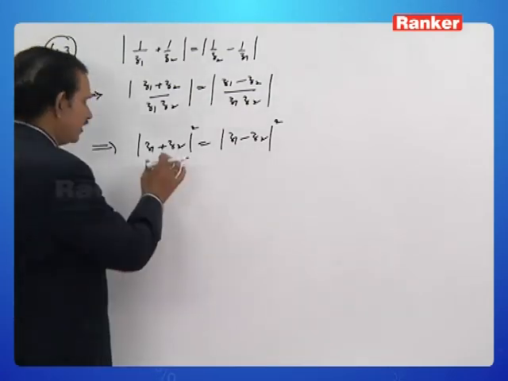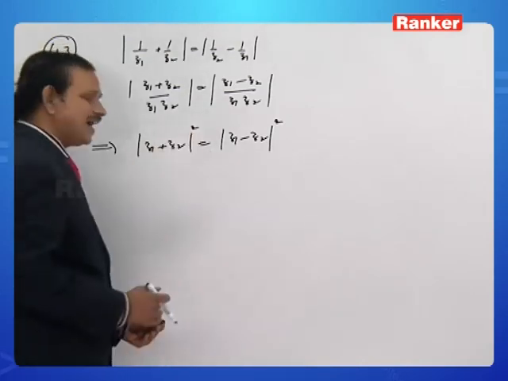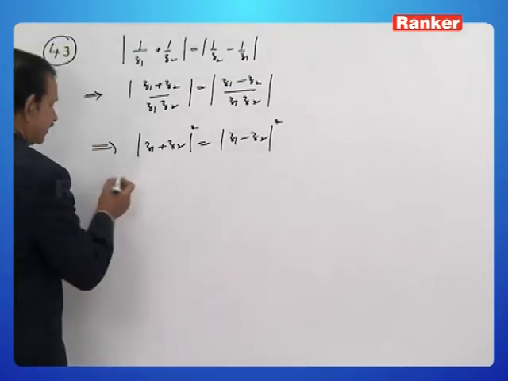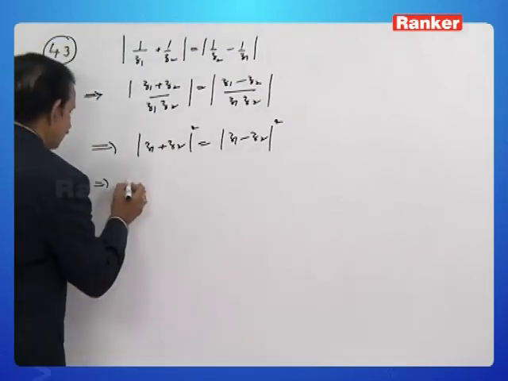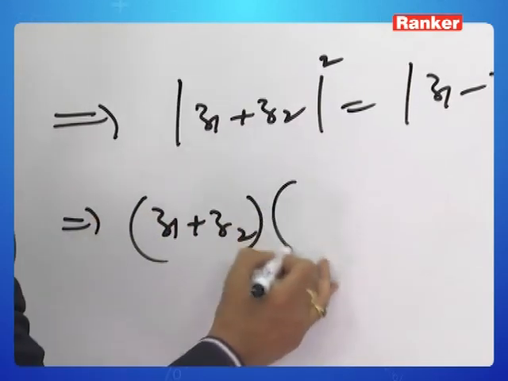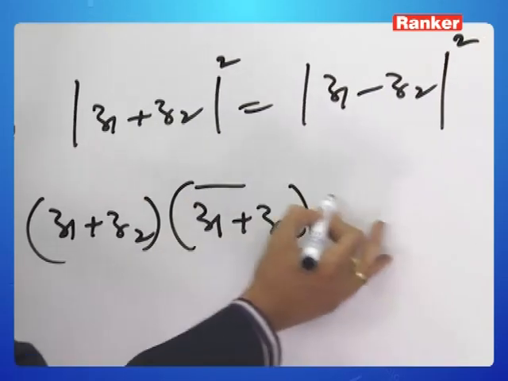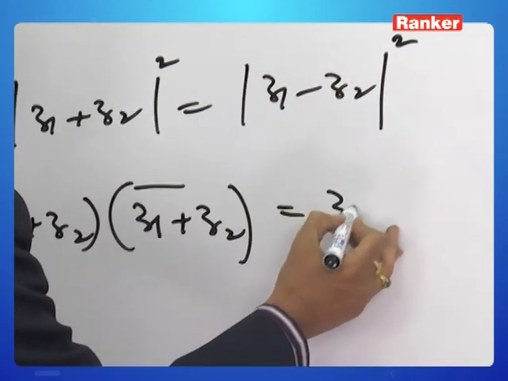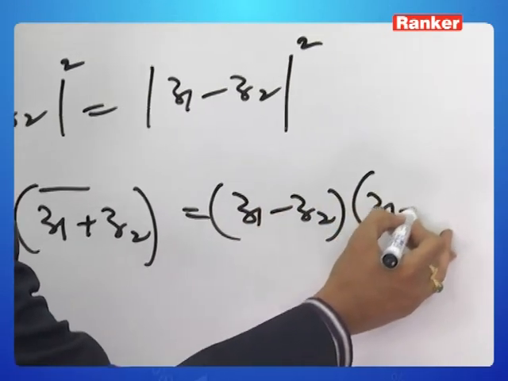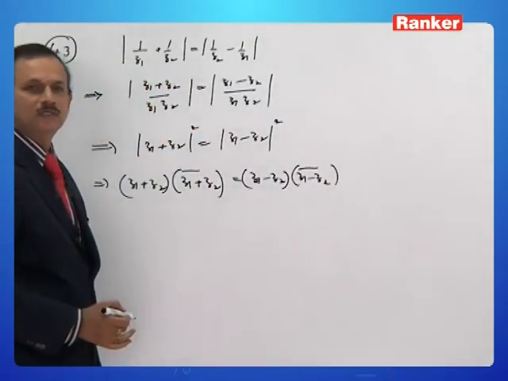Moreover, if you think this complex number has some Z, mod Z square, what is that? Z Z bar, isn't it? So you can write this as Z1 plus Z2 into Z1 plus Z2 bar, equal to Z1 minus Z2 into Z1 minus Z2 bar.